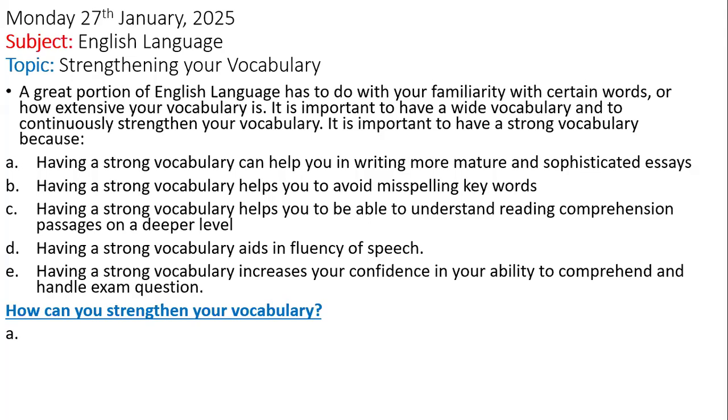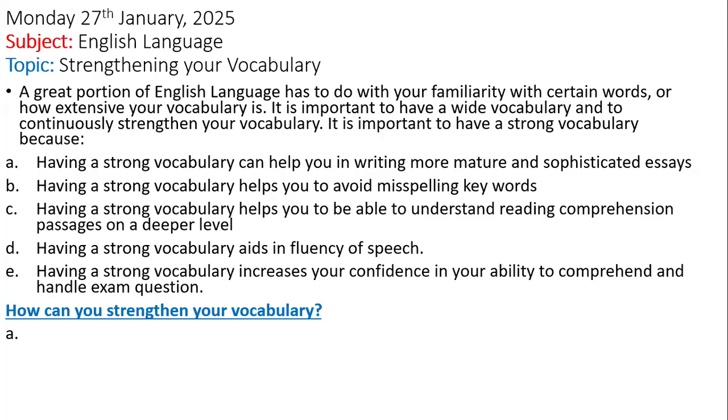If you do not understand a word, don't just go over it. Read and research. If you read and don't understand a word, go online or go to the dictionary and figure it out. So reading and researching the words is probably one of the best ways to train your vocabulary.